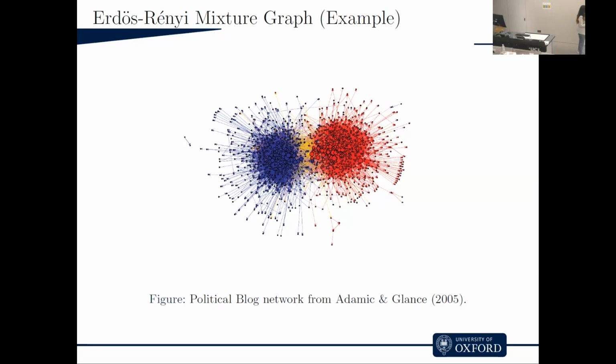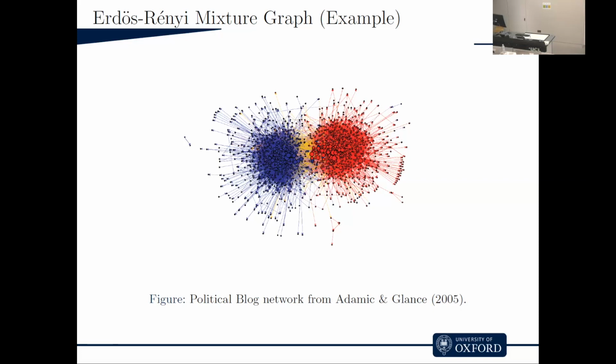So, for example, in this political blogs network from Adamic and Glance, the nodes are the political blogs, and they are divided into two groups according to their political affiliation. The red ones are the conservative leaning blogs, and the blue ones are the liberal leaning blogs. And the edges between the nodes are the number of citations between two blogs.